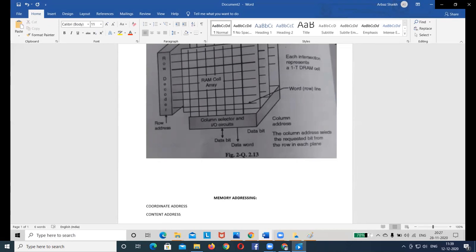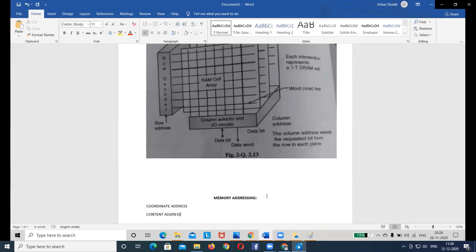In the coordinate address technique, memory is accessed by supplying a number which is used directly to identify a particular physical storage location. So here, to identify the storage location, we use this number, where the data is copied into or out of the selected location.